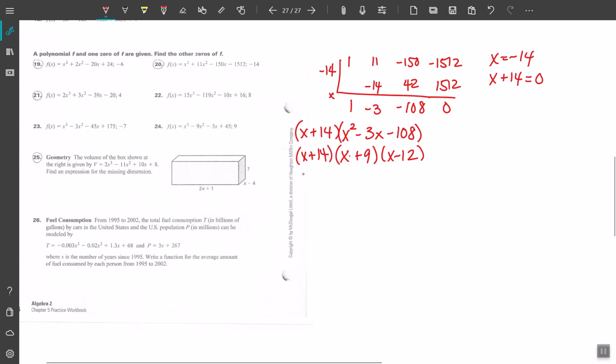A little bit redundant here though, because we already know that x plus 14 is going to give us -14. I'm going to set that to 0, get a -9, and this will give me a +12. So the other zeros besides the -14 are the -9 and that +12.